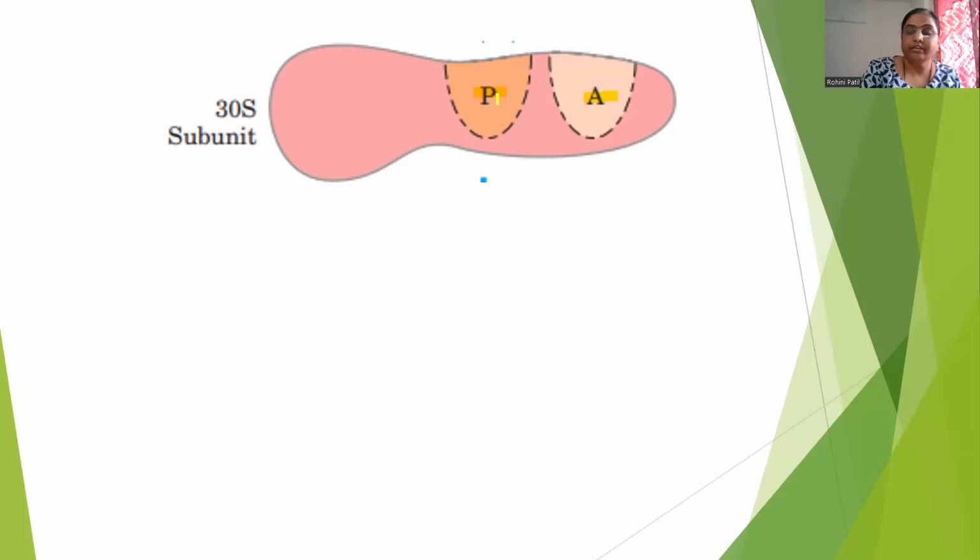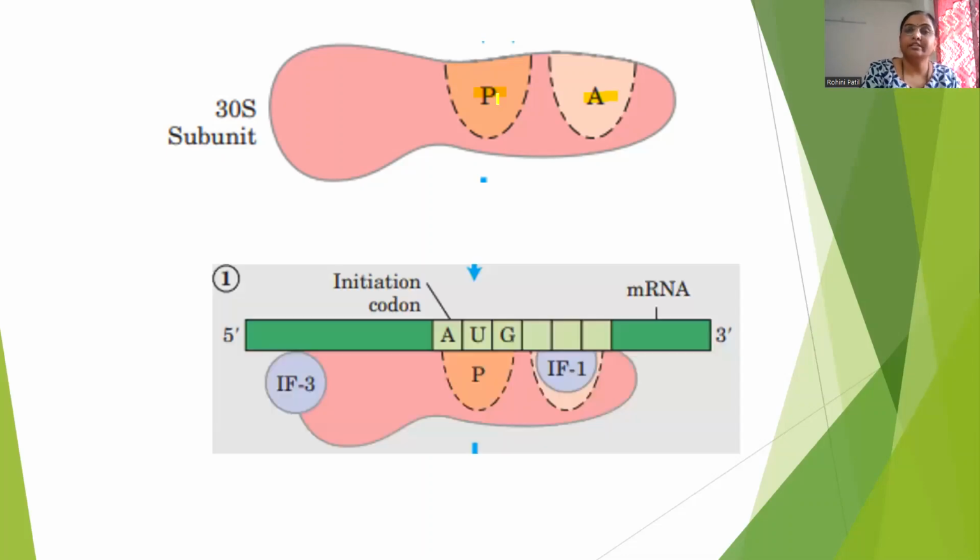So when there is an interaction between the SD sequence and the mRNA, the AUG codon, which is the start codon, has to be placed properly over the P site. For this purpose, the SD sequence should interact with the ribosome, and when that interaction is efficient, only then will there be the proper placement of the AUG over the P site.